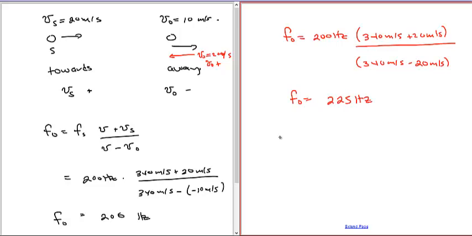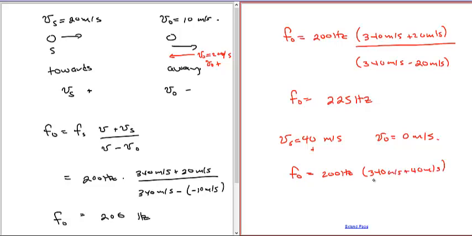Now, let's say the velocity of the source equals 40 meters per second, and the velocity of the observer is 0 meters per second. So here, when you have 20 going one way and 20 going the other way, the relative velocity is 40. So let's see what happens in this case. This is going to be positive. This is 0. So you get 200 hertz times 340 plus 40 divided by 340 plus 0.